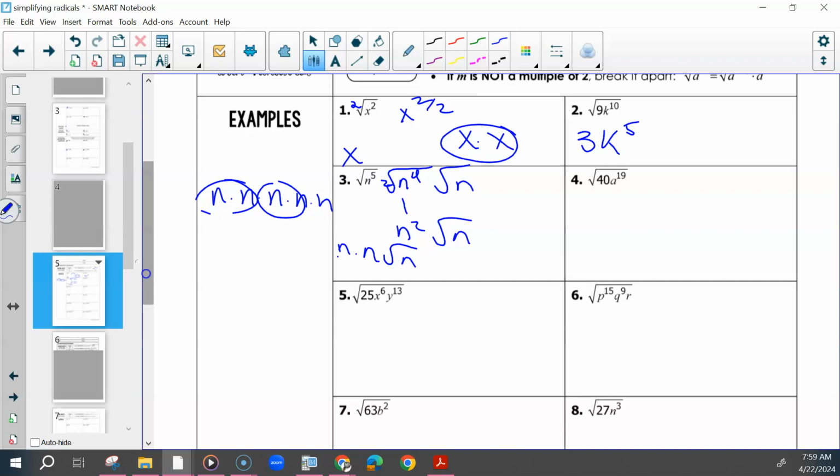Is that a perfect square? So you could break it down by factors, which would not be the same thing as using a perfect square. Is 5 a perfect square? So between 1, 4, 9, 16, 25, 36, 4 would be the one that works.